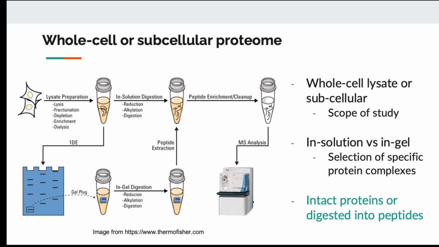You can even isolate certain protein complexes. Let's say you want to focus on a certain protein specifically. You can take the sample from the cytoplasm, run the gel, and if you know the size of the protein, you can even select just that part of the gel that corresponds to your protein and do the mass spectrometry analysis. So you have a choice to do any specific or targeted analysis based on your knowledge.